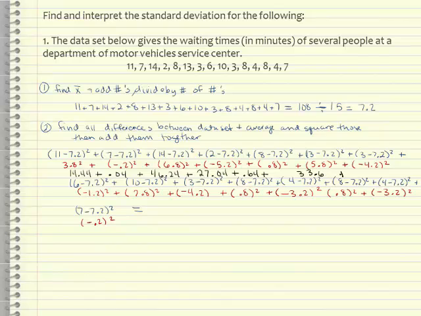Should probably write this closer to where I was. And again, like I said, I'm just going through and squaring all of these. 5.8 squared, negative 4.2 squared, 17.64, 0.8 squared, negative 3.2 squared, and then negative 0.2 squared.